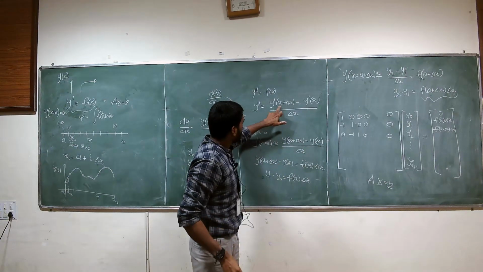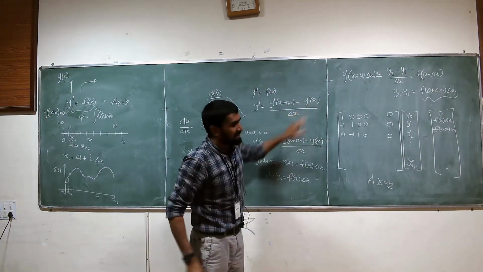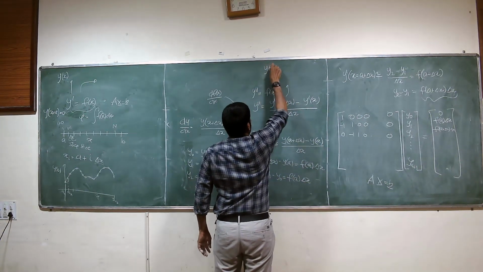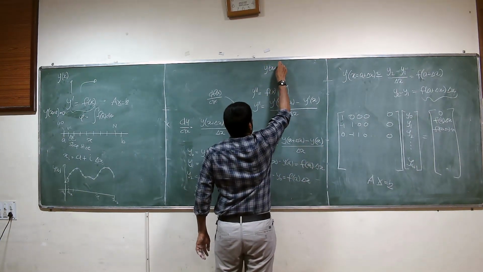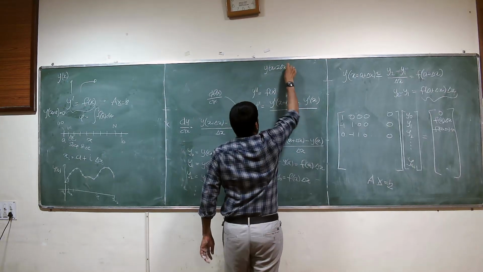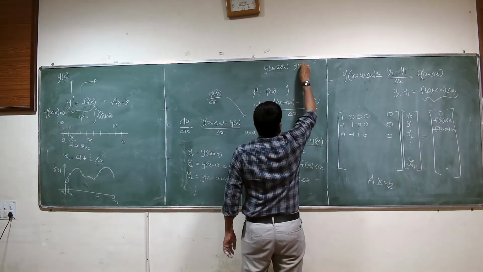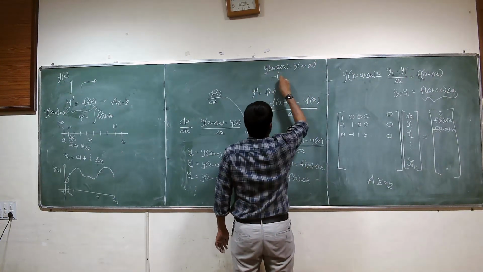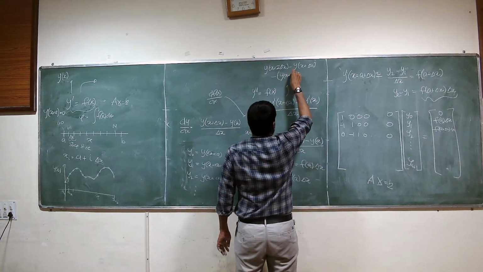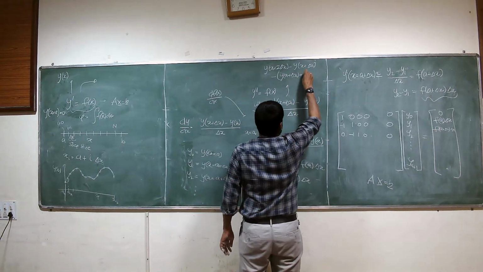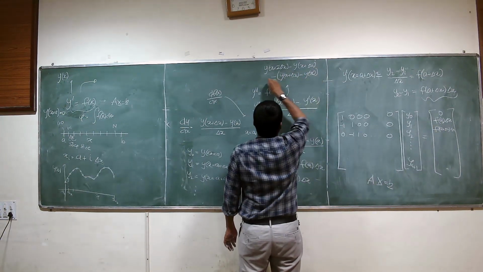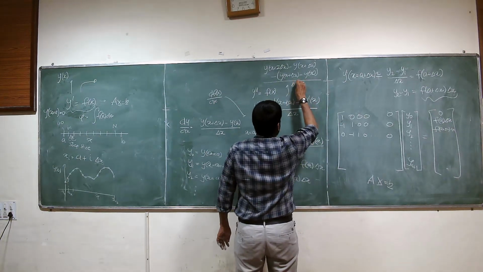But we know we have an approximation for each of these. What is the approximation of this? This is y of x plus 2 delta x minus y of x plus delta x, minus y of x plus delta x minus y of x, divided by delta x.